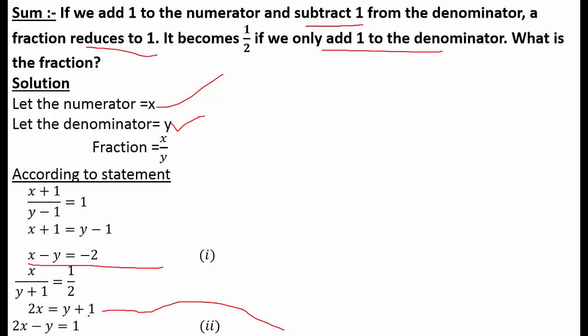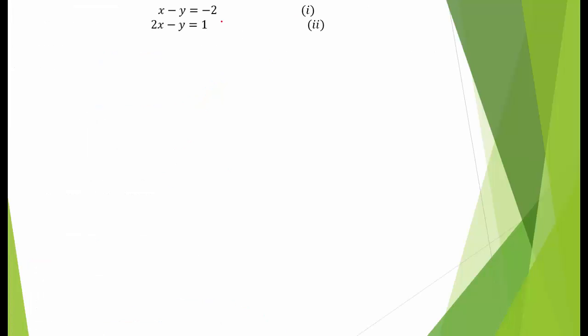This is my second equation. Now we have two equations: x minus y equals minus 2 and 2x minus y equals 1. Now the coefficient is already equal, so we just add or subtract.